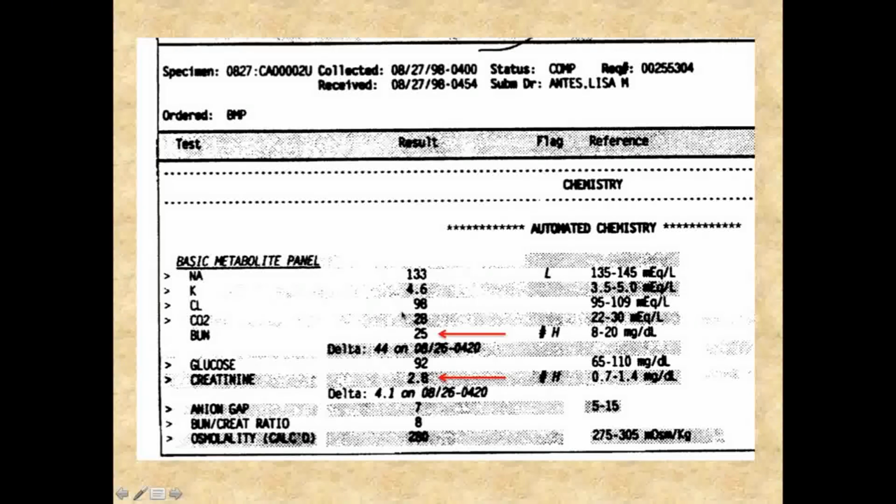All of these, the red blood cell count, the hemoglobin, the hematocrit, are all below the reference range. They're low values, and so this shows anemia as well as the kidney failure. So this patient in a very short period of time has gone from being basically healthy, with normal laboratory results, to acute renal failure and anemia.